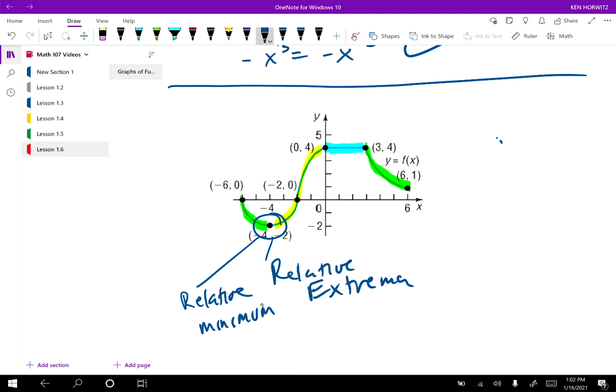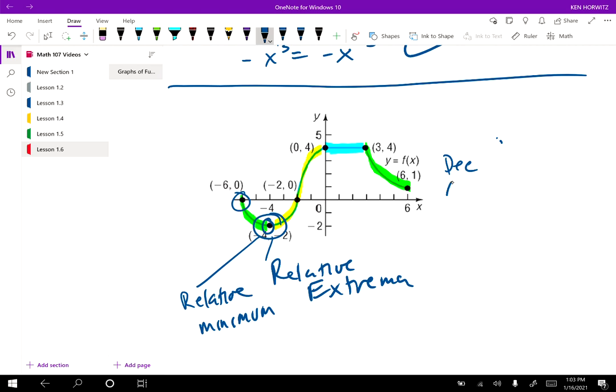But I do want to talk about the intervals where this function is decreasing, all right? Now, when we talk about the intervals where it is decreasing, we're talking about the x values. So I'm looking from this point to this point, it is decreasing. Now, I'm not including those points because those are my extrema.